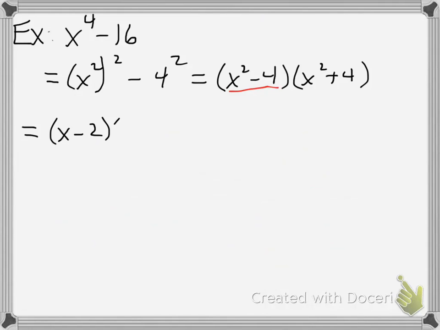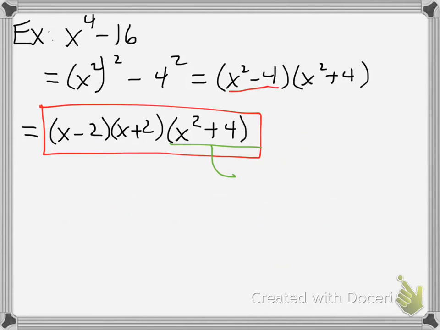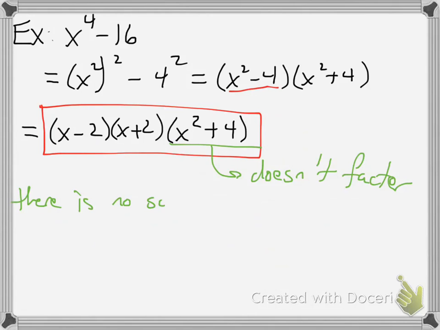So it factors into x minus 2 and x plus 2. And x squared plus 4 is a sum of squares, and that's not going to factor. It factors over the complex numbers, but we're keeping it real for this part here. And I mentioned there's no sum of squares formula over the reals, or the real numbers.